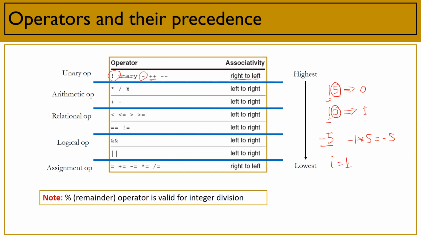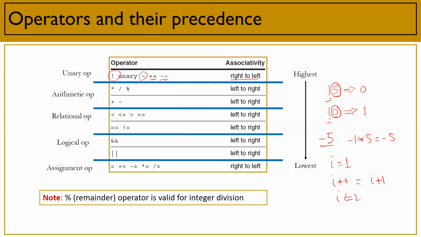If I write i plus plus, it will become i plus 1, and since i is 1, 1 plus 1, i will now become 2. Similarly, we have the minus minus operator, which is called the decrement operator. It will decrement the value of a variable by 1. So that's the unary operator.